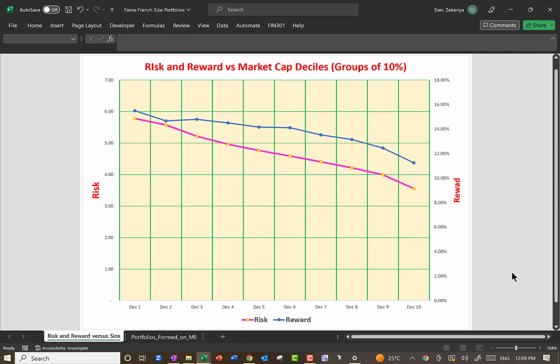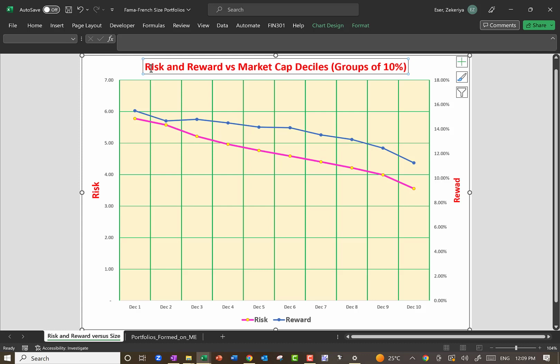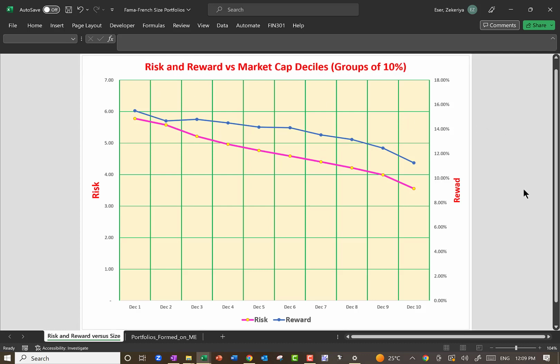We also have a similar pattern with respect to reward versus size. The higher the reward, the lower the size of the firms in the portfolio. So this means, at least historically speaking, if you want higher returns, you've got to be in stocks that are smaller in nature, right?